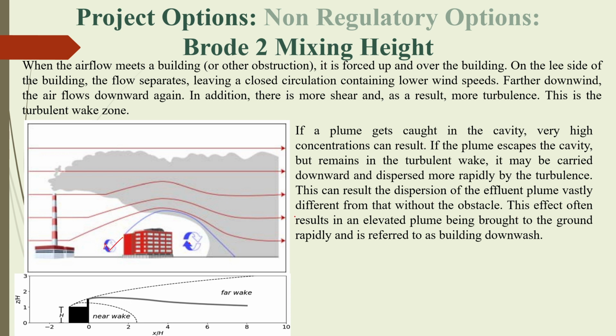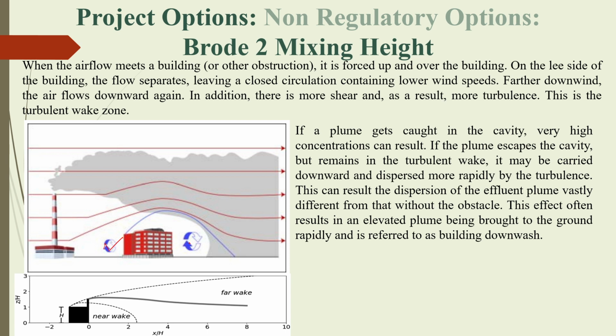If the plume escapes the cavity but remains in the turbulence wake, it may be carried downward and dispersed more rapidly by the turbulence. This can result in the dispersion of the effluent plume being vastly different from that without the obstacle.